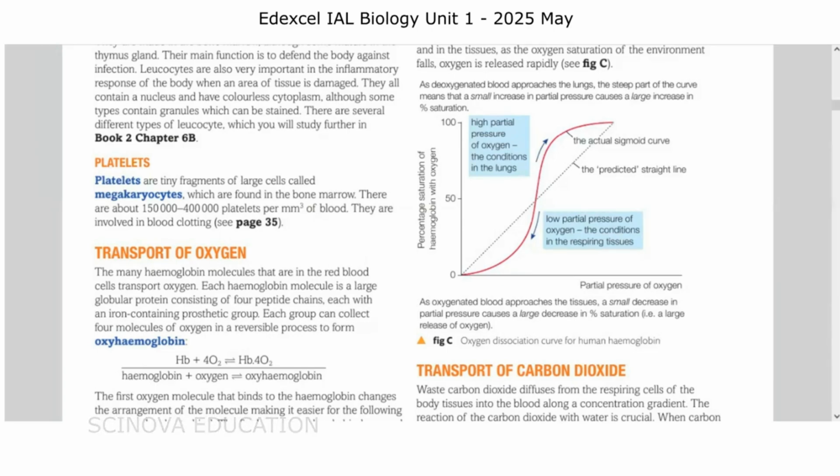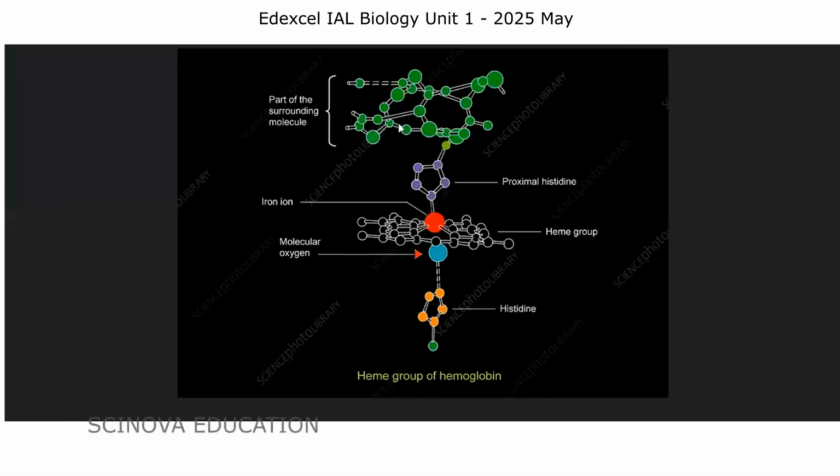Let's see the structure of heme in hemoglobin. We know already hemoglobin is made of heme groups and globular protein groups.